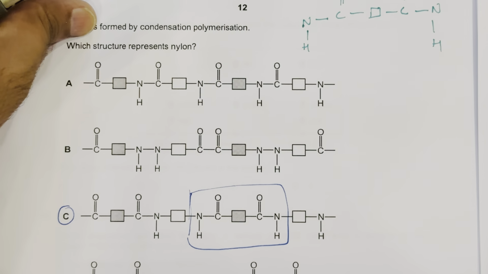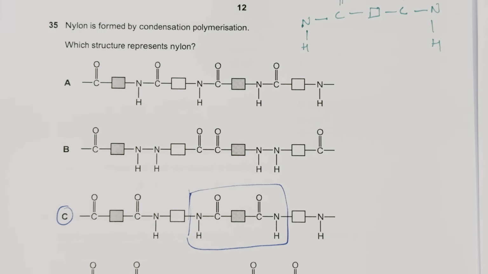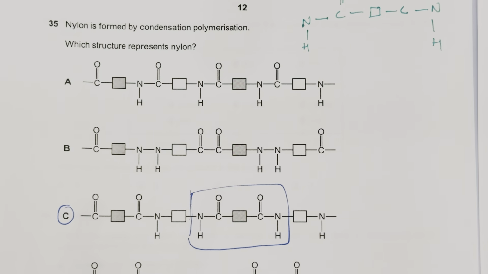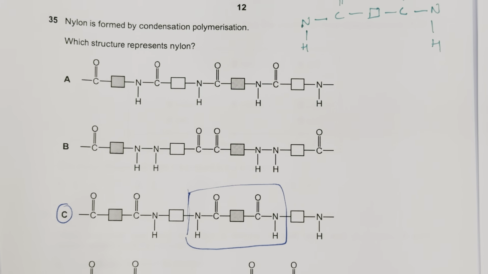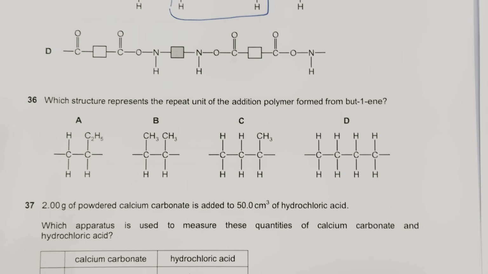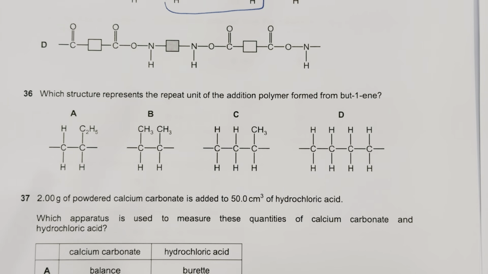Moving to question number 36. Okay, 36 is again from the topic of organic chemistry. Which structure represents the repeat unit of the addition polymer from but-1-ene? Okay, we know that but-1-ene has a formula of C4H8.